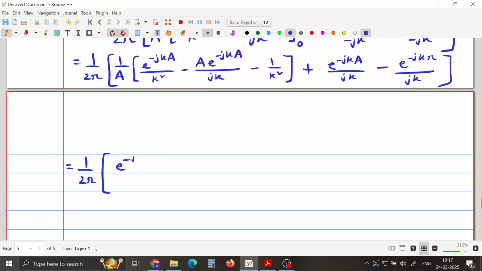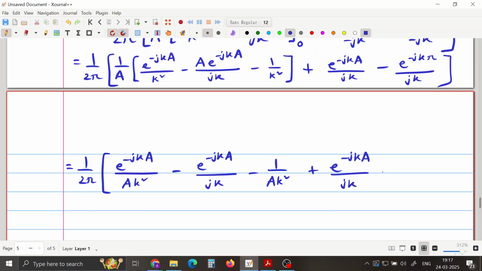So we will have e power minus jk capital A divided by A k squared, minus, so this A and A will get cancelled, minus e power minus jk A divided by jk, minus 1 by A k squared, plus e power minus jk A divided by jk, minus e power minus jk pi divided by jk. Okay, so these two terms get cancelled.